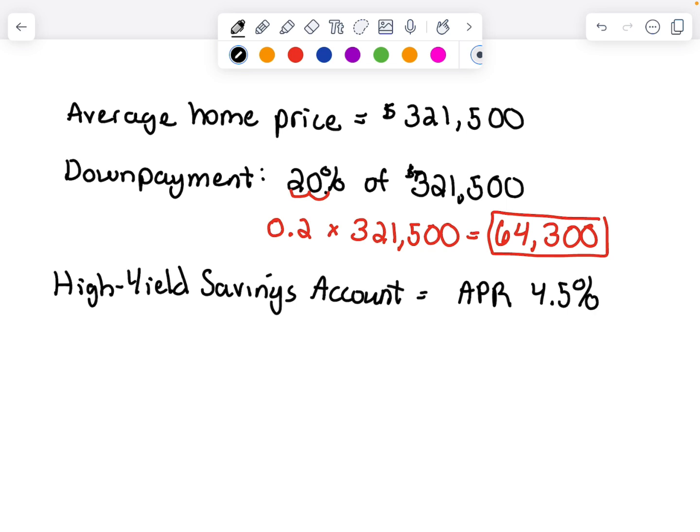Right now, high yield savings account APRs, annual percentage rates, are between 4 and 5%. So I'm going to take the average of that and let's do it at 4.5% APR, annual percentage rate. Most high yield savings accounts pay you interest once a month, so that's compounded monthly. That's what that means: our interest is paid onto our account once a month.